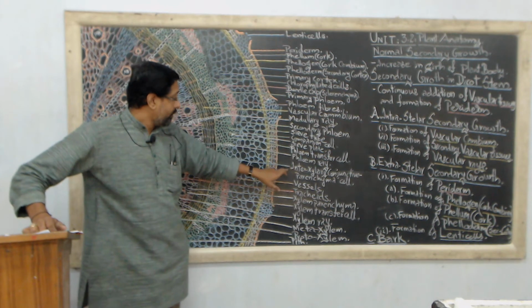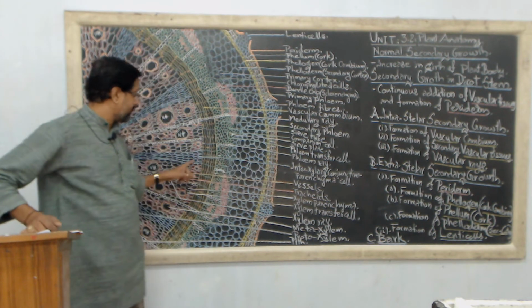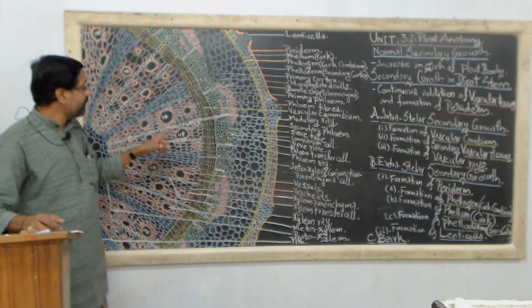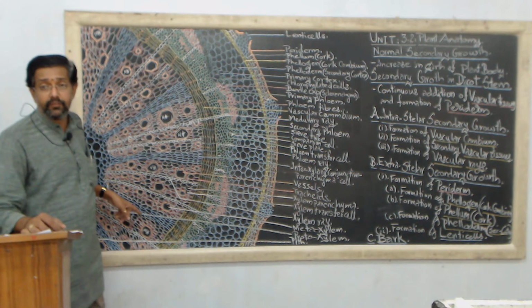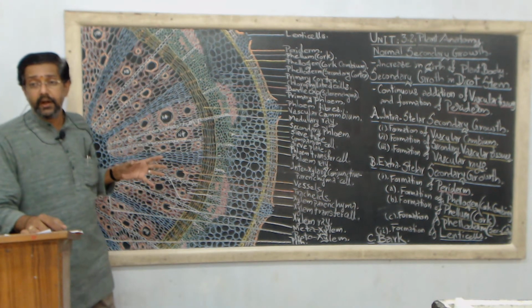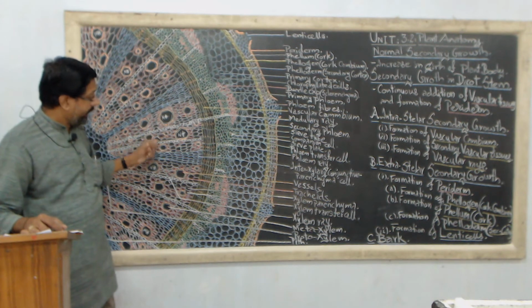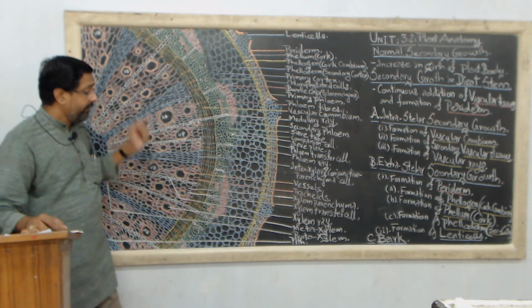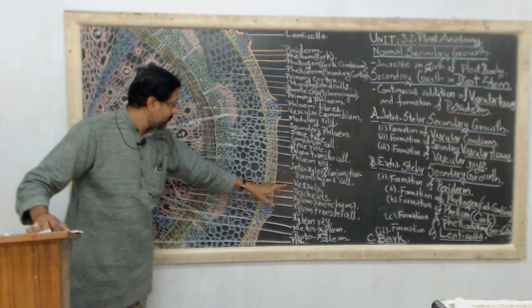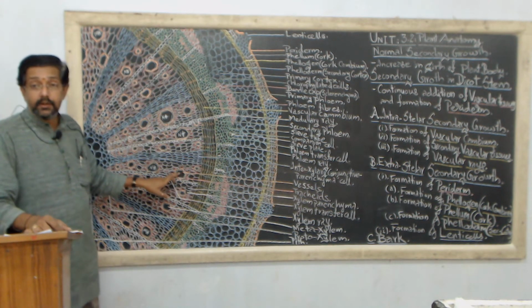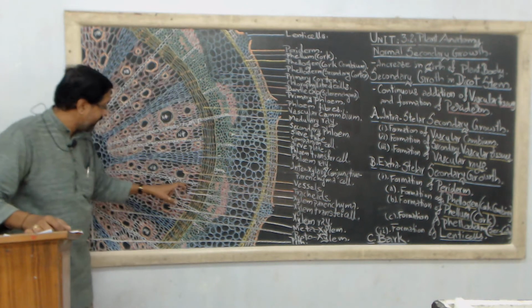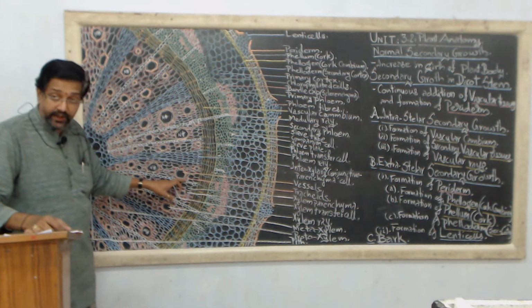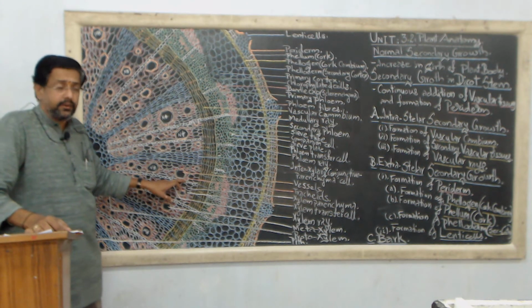Coming to the next characteristic feature, the central portion, the medulla, which occupies most of the area, is with the secondary xylem elements. The secondary xylem contains vessels, that is xylem vessels, and tracheids, the dead layer of cells.